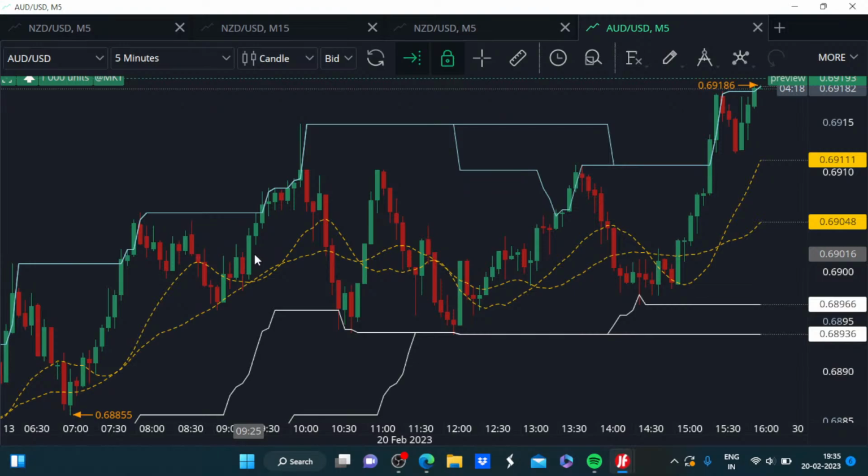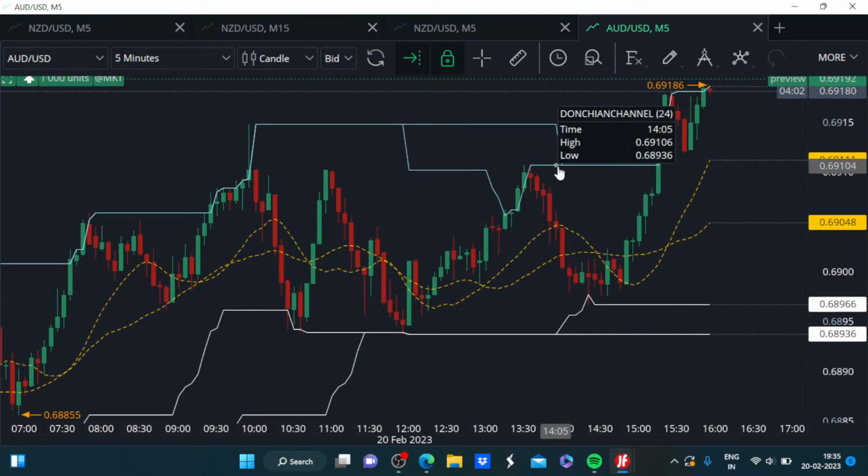Now we are seeing a fresh swing high, a fresh day high being made just close to the 0.6920 range. And contrary to the case of the euro, the AUD is consolidating with the bias on the bullish side. So we have a contrasting picture in these two major currencies.